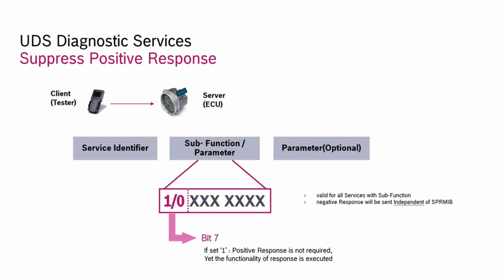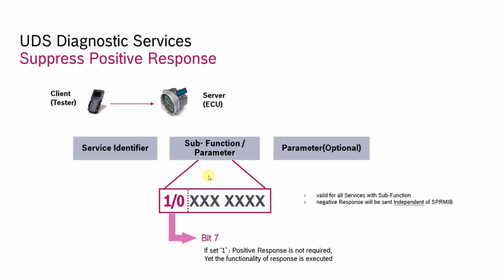Okay. We'll be seeing this positive response in further detail in other UDS services. At the overview level, I have given how suppress positive response works. Here only the seventh bit you have to make 1. For example, I'm sending a service identifier followed by subfunction 00.